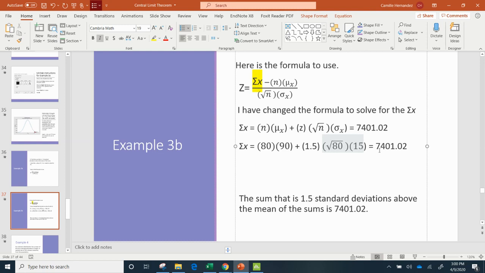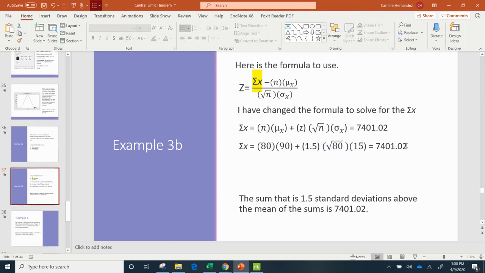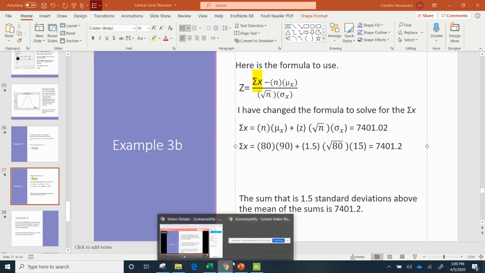That's how I got my answer. I think my answer is just a tiny bit off, so let's put it that way so we're all consistent. I might have done this with a different calculator before. That's how you get it. So the sum that is 1.5 standard deviations above the mean is 7,401.2. Hope this helps.